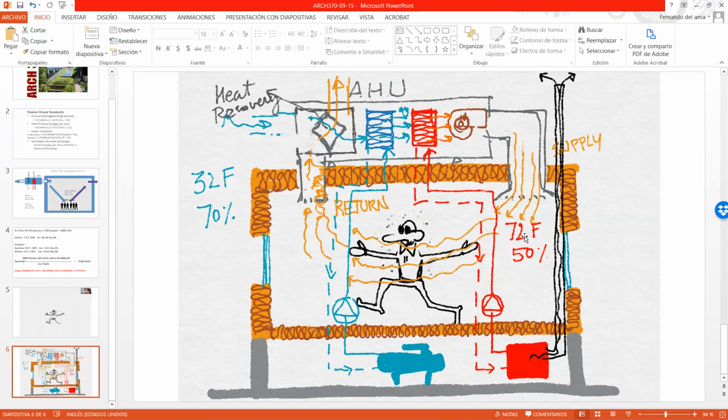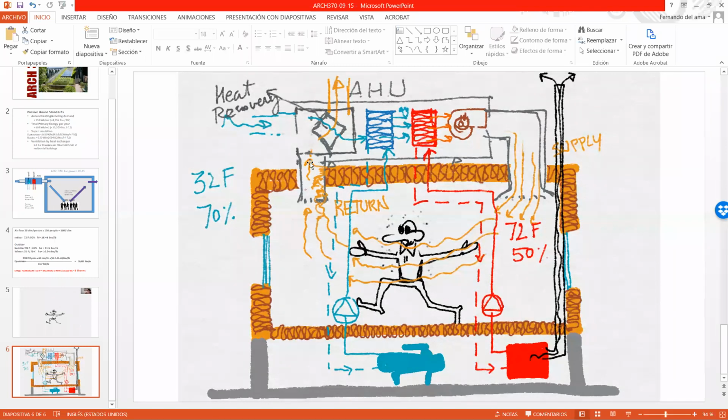But the temperature of this air is 72 Fahrenheit. And outdoors, we have 32 Fahrenheit. So through this heat recovery, we don't mix the airs, we just transfer energy, okay? In this device, in the heat recovery, we are not mixing, so the excess of moisture and the bacteria or viruses or everything that we might have in this air in contact with people is not mixed here, so it's not recirculated.